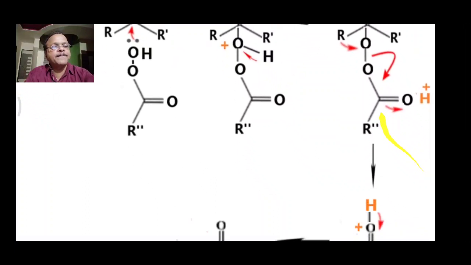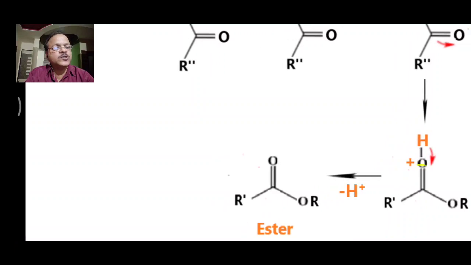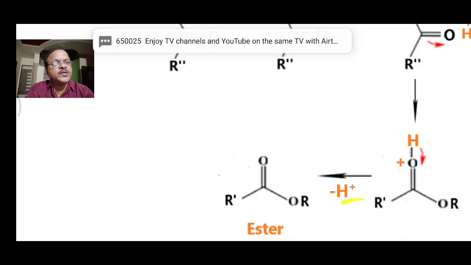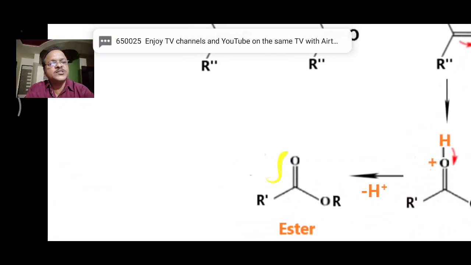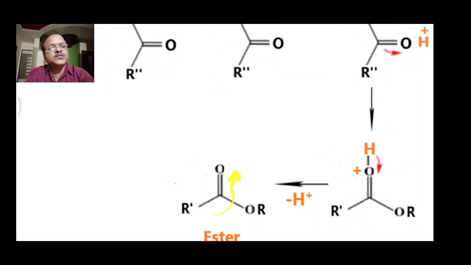So we are getting this compound. Now this OH bond will break heterolytically and it neutralizes the positive charge on this oxygen. As this OH bond breaks heterolytically, hydrogen eliminates in the form of H plus ion, and there is formation of this ester molecule. So this is the ester molecule.